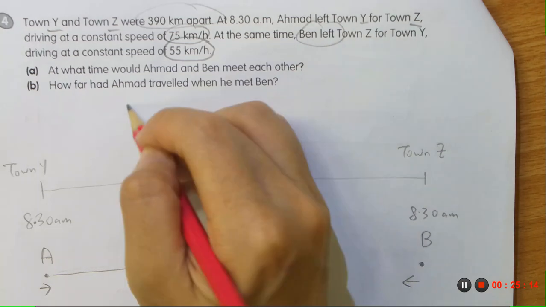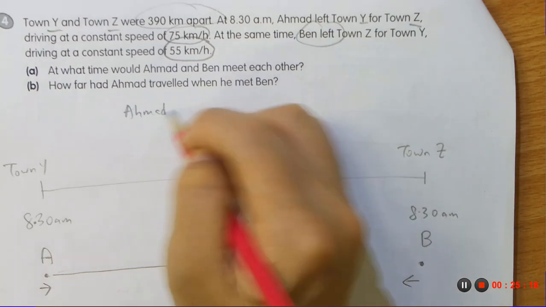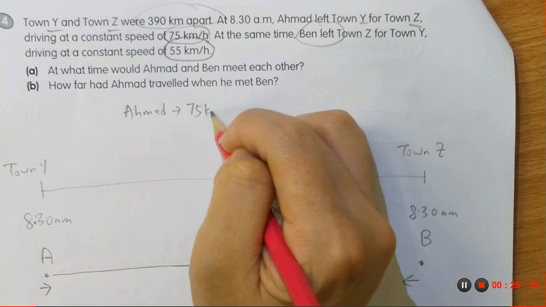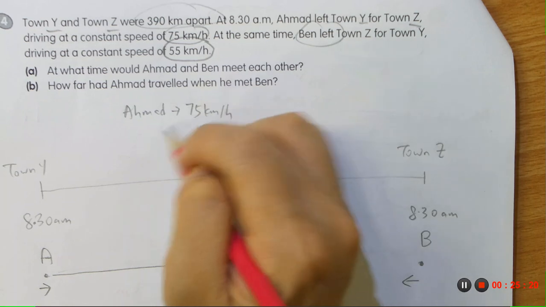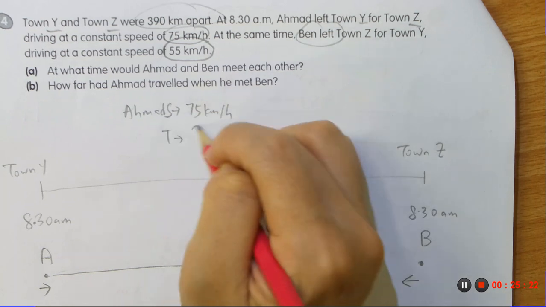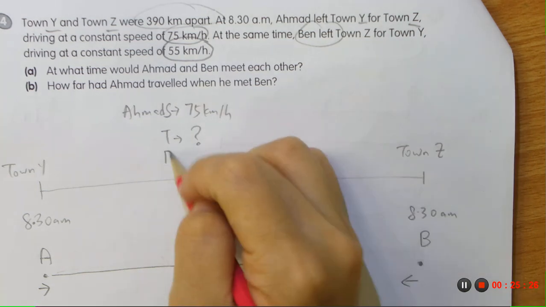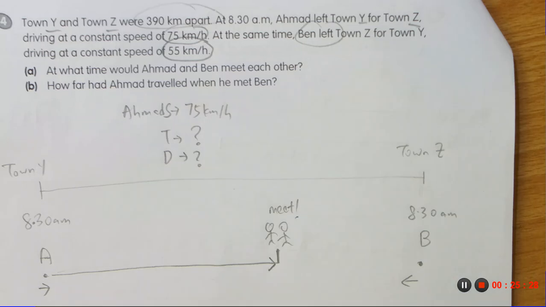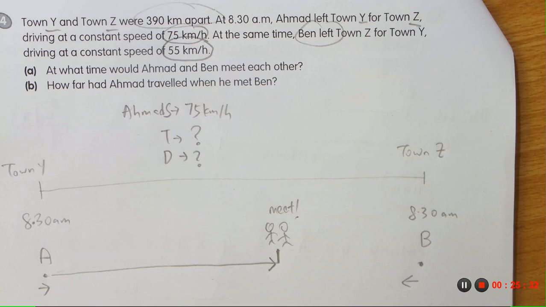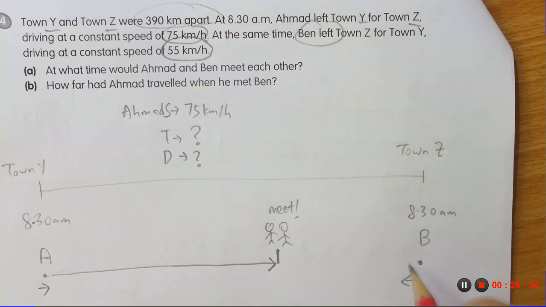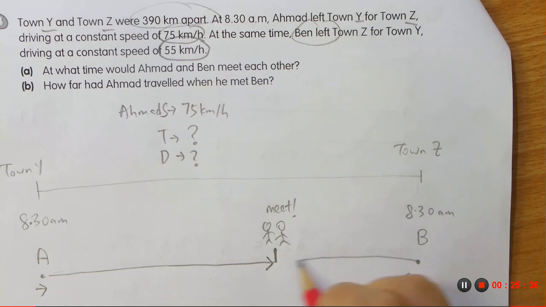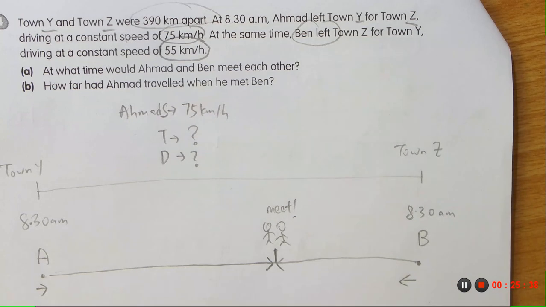For Ahmad, we know that he has a speed of 75 km per hour, but the time is unknown, and the distance that he travels is actually also unknown. For Ben, he's going to travel the shorter distance because he's slower.